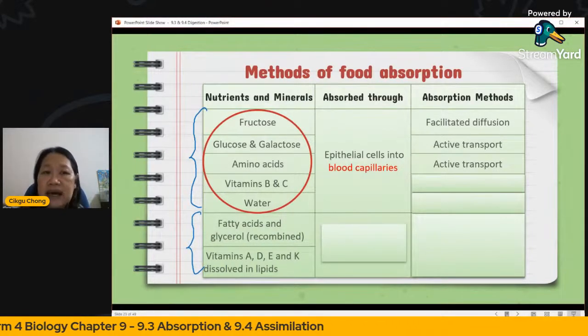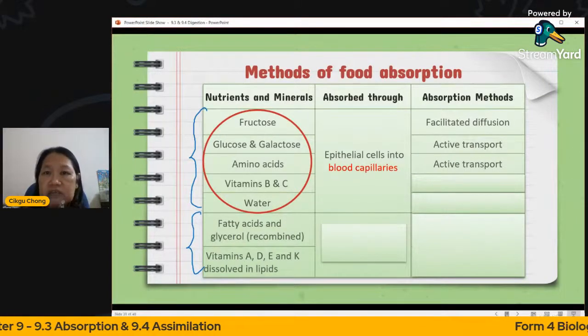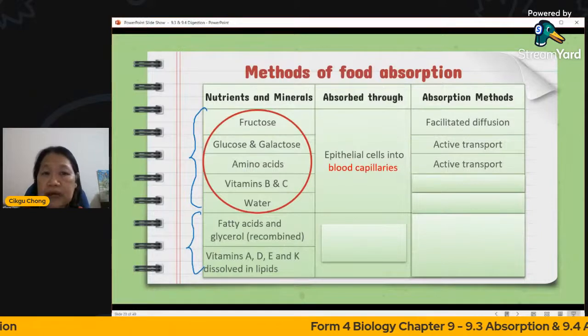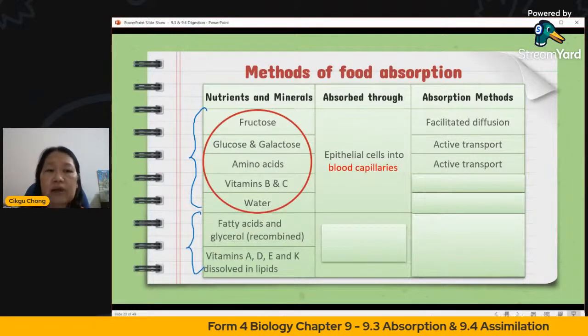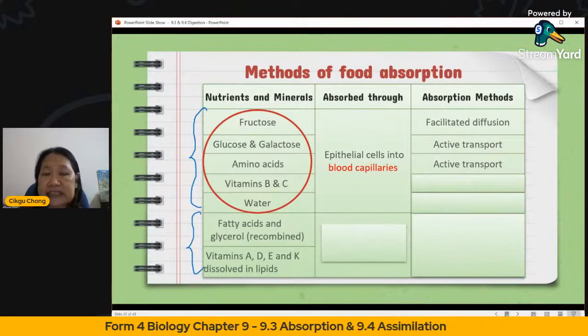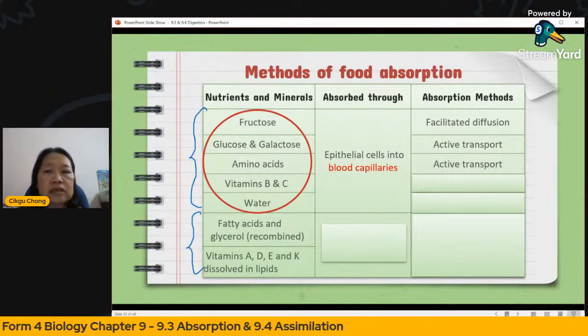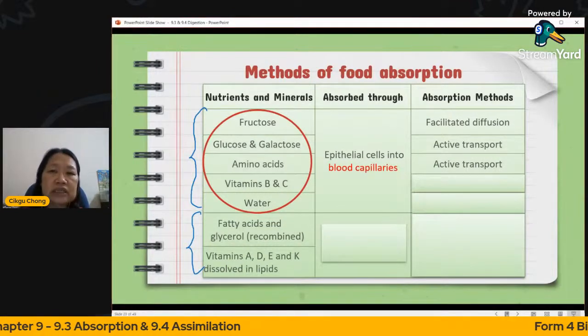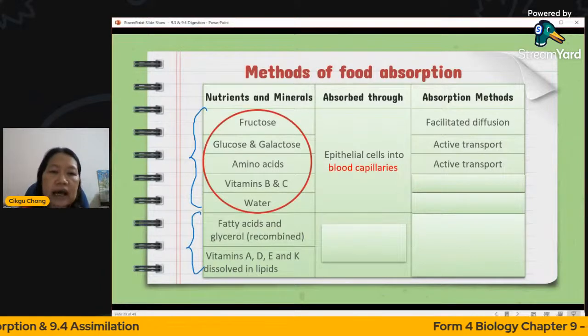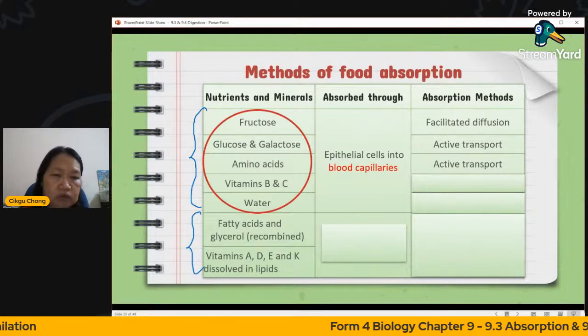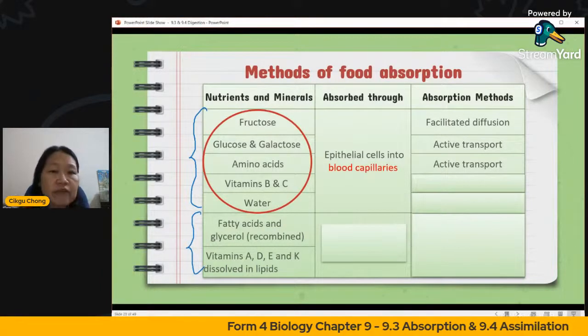Because these molecules are large, they need the carrier protein to pass through the cell. Now for vitamins B and C, they are relatively smaller. They do not need these carrier proteins. So these vitamins B and C will be dissolved in the water.